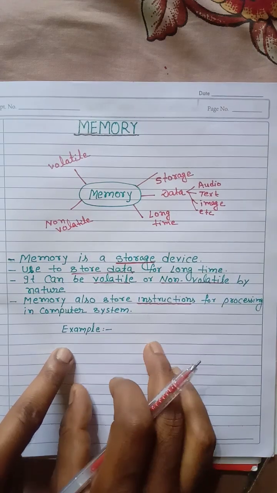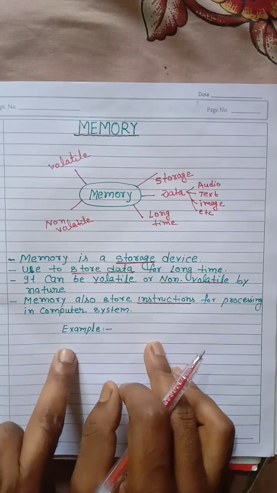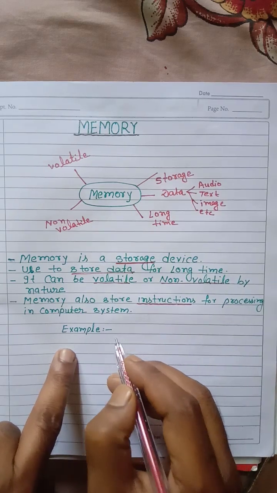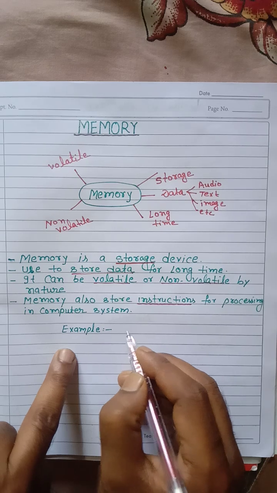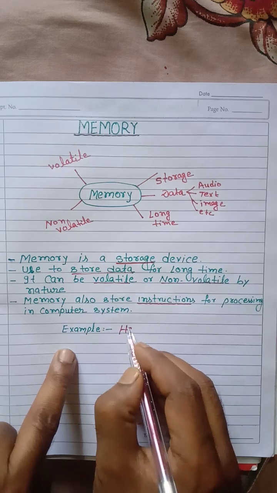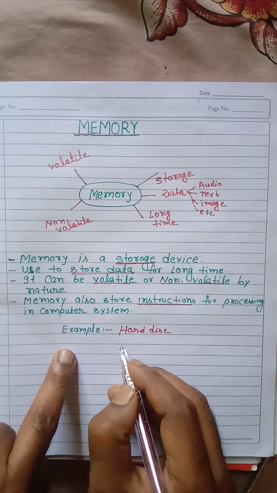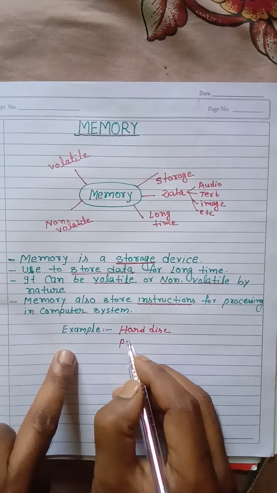Now we come to some examples of memory. What can they be? It can be a hard disk. Second, it can be a pen drive.